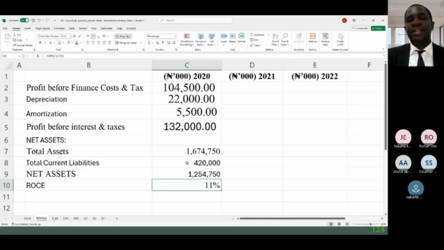The average of the capital employed is not really a return on capital employed calculation. Where you use the average, you take the first year and the second year and divide by 2. That's wrong for calculation of return on capital employed.